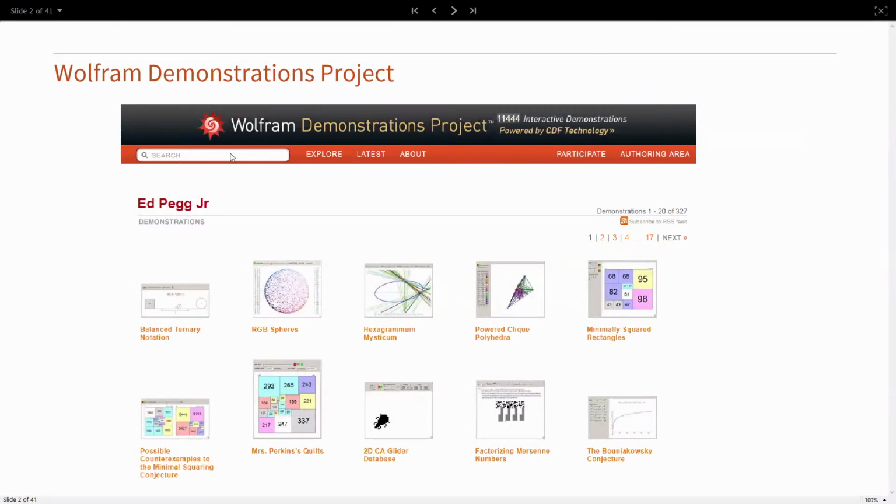I run the demonstrations project here, and there are some images here of some of the various recreational mathematics related items that I've done. This is 10 of the over 300 items I've put together on the demonstrations project.